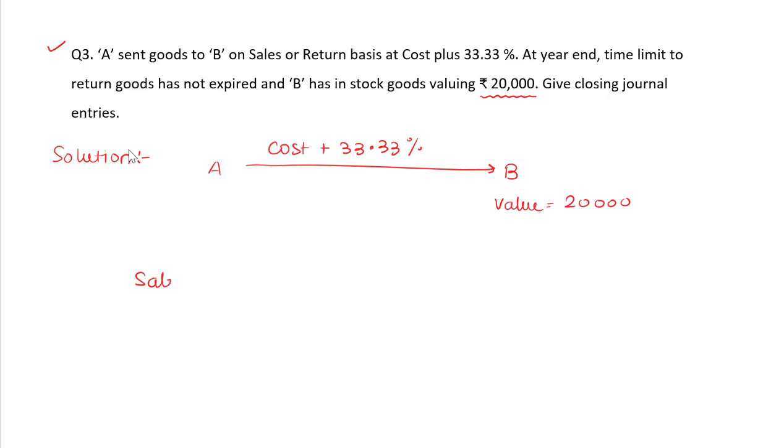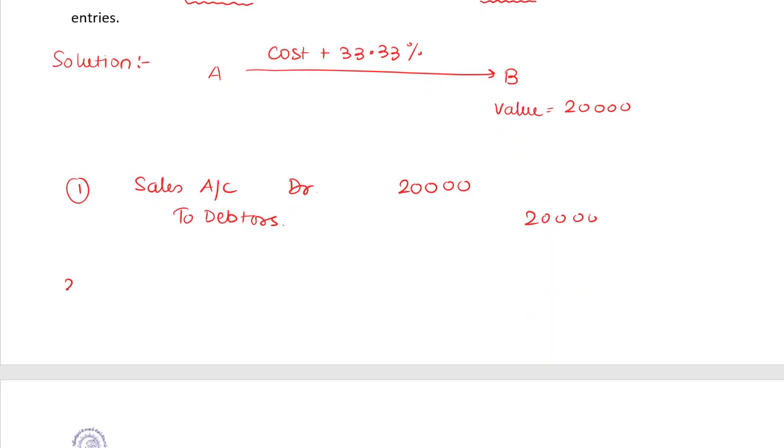Journal entries. Sales account debit to debtors 20,000. And one more entry happens at year end because the time has not expired. So entry for reversal and one more entry.